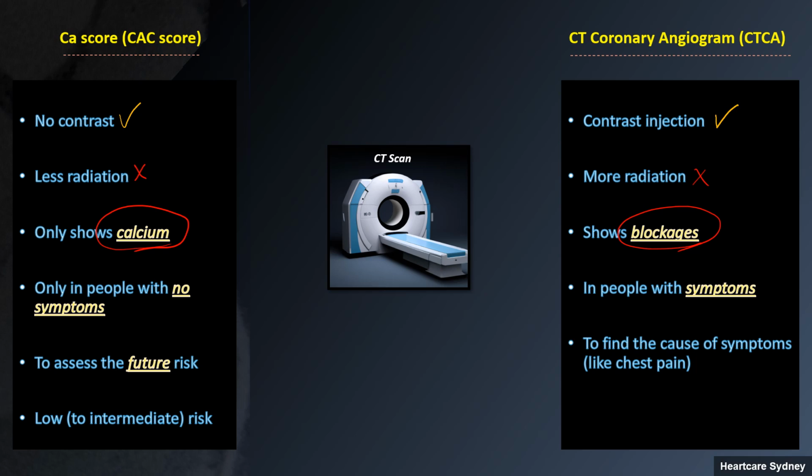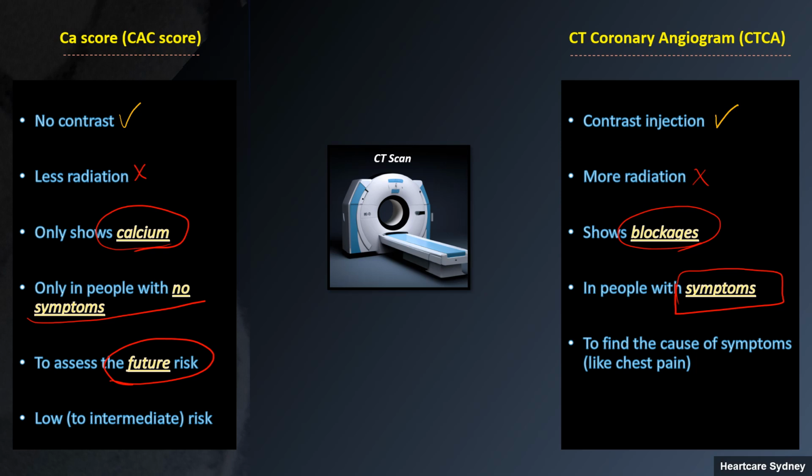Coronary calcium scoring is done only in people who have no symptoms. In contrast, CTCA is done in people who have certain complaints like chest pain or shortness of breath on exertion. CAC is done to assess someone's future risk of a heart attack.